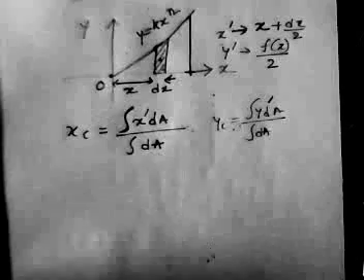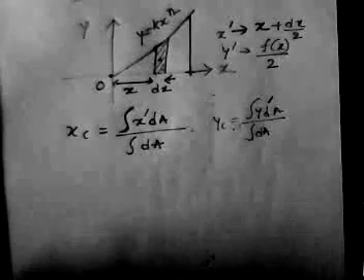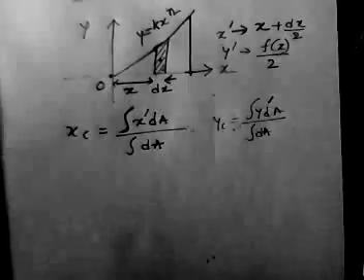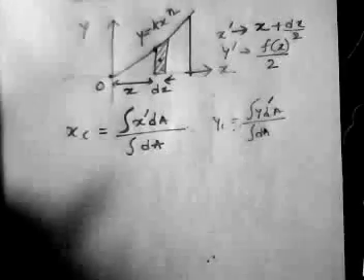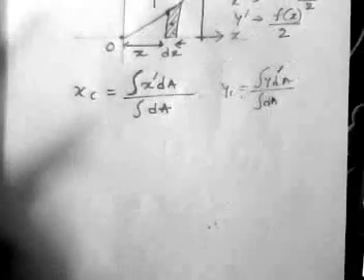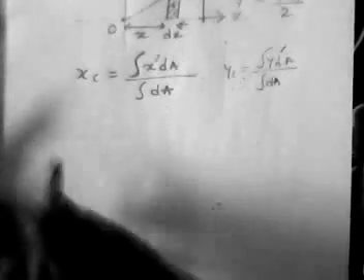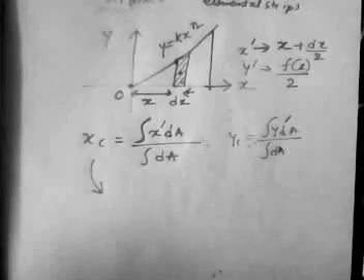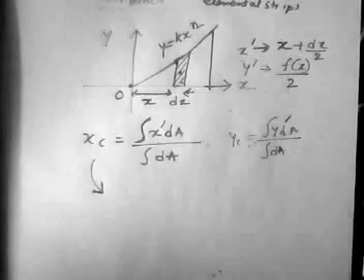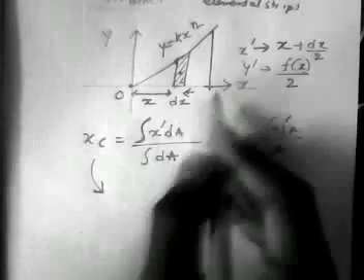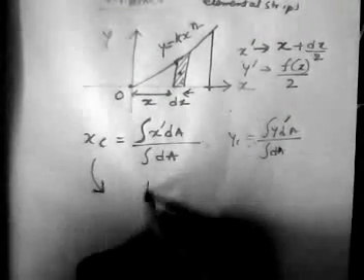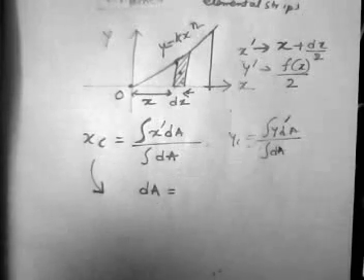Basically what we proved for a centroid is that, for all the elemental parts with respect to any datum, the summation of all the moments will be equal to the moment of the resultant area about the centroid. That was proved in the center of mass, center of gravity and centroid section.